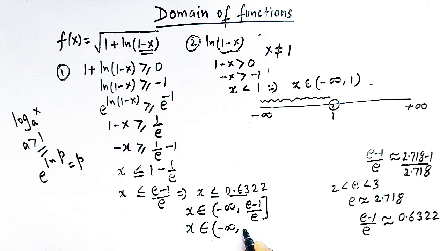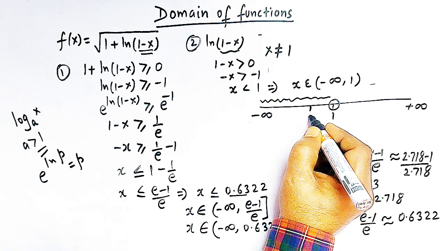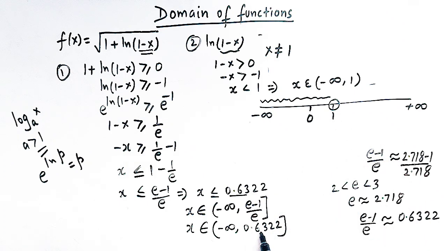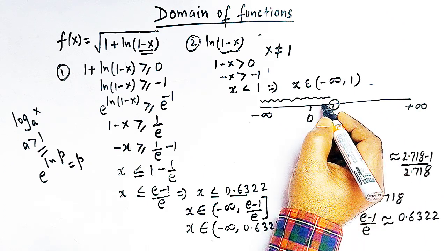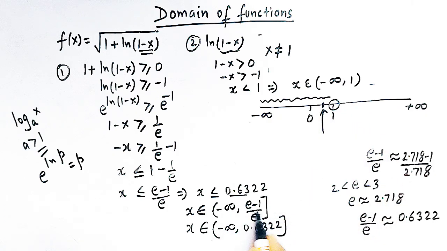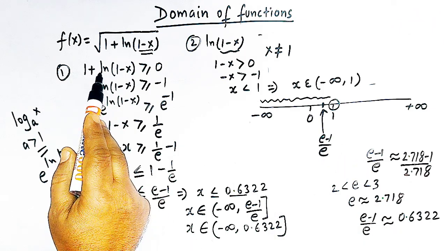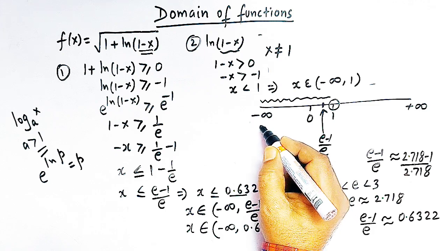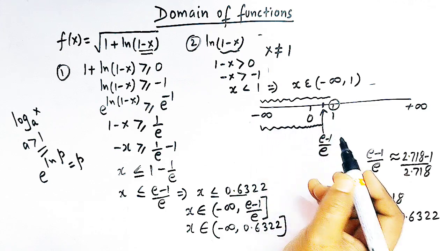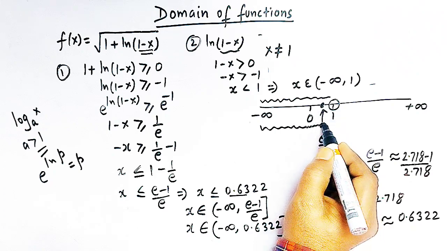On the real number line, with 0 marked, 0.6322 lies somewhere here. This point is 1 minus 1 over e. The solution of this inequality is given by this region, and obviously this point is included.